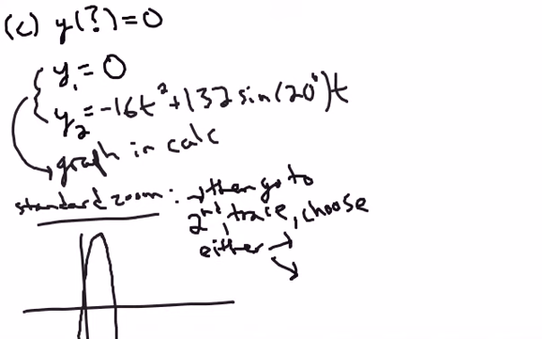Since I graphed two things, I'm going to use the intersect tool. But if you also just want to not graph a second graph, y equals 0 will be on there whether you write y1 equals 0 or not. You can also just put this in y1, graph it, and see where it hits the x-axis, because that's really what this is.